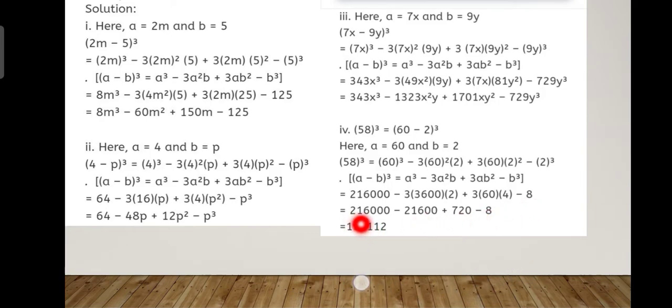So if we subtract 216000 with 21600, then we are going to add 720, then we have to subtract 8, so we are going to have 195112.